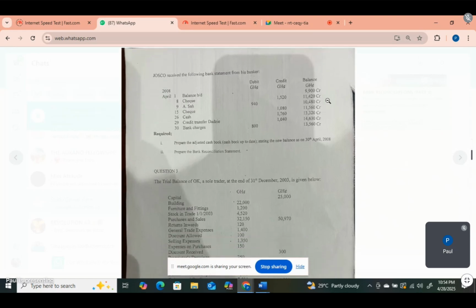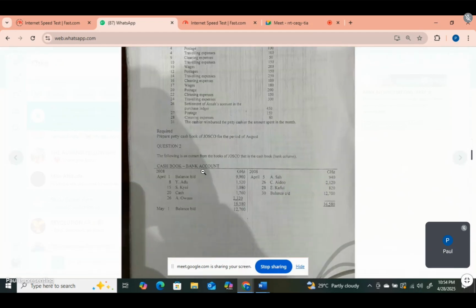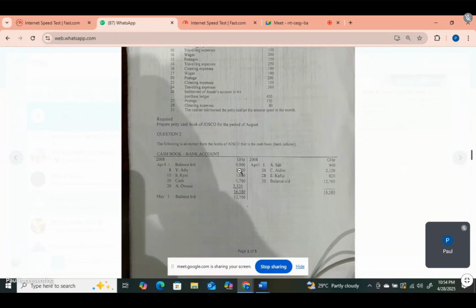They've written credit, but here they've not written, but it's at the debit side. I told you that to we accountants, when we are increasing our cash, we debit.